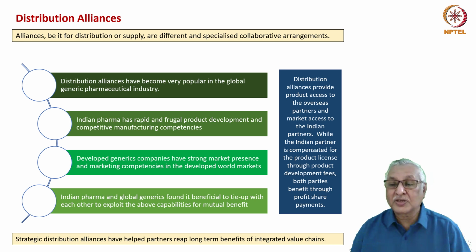While the Indian partner is compensated for the product license through product development fees, both parties benefit through profit share payments during the commercialization of the product. Strategic distribution alliances have helped partners reap long-term benefits of integrated value chains.